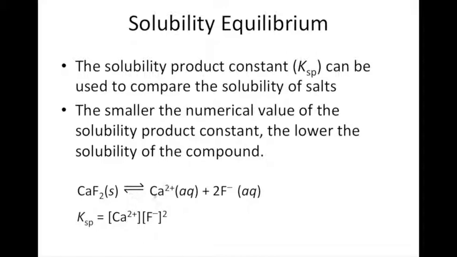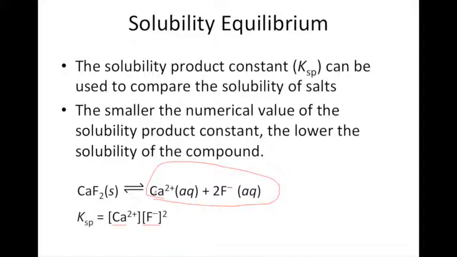So the more soluble a compound is, the more ions it produces. So for every 1 mole, or however much we dissolve of our solid, the more soluble it is, the more ions we get. So the larger these values will be in our KSP expression. So the more soluble an ionic compound is, the larger the KSP.